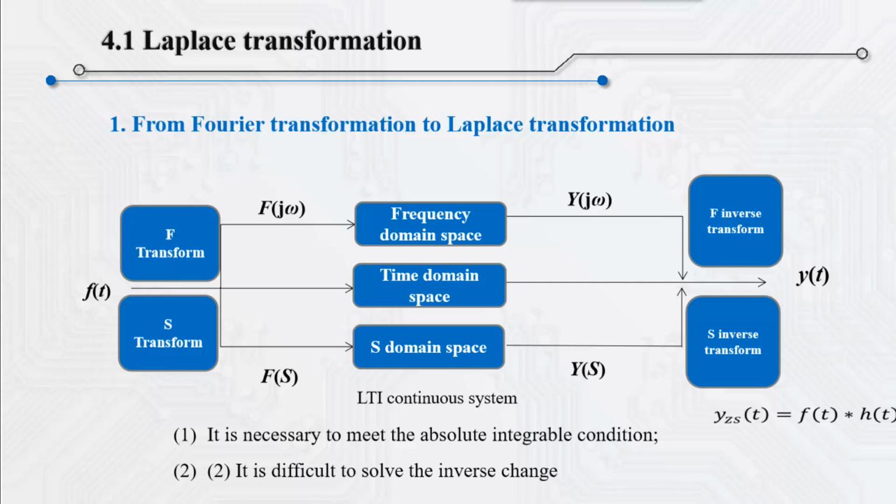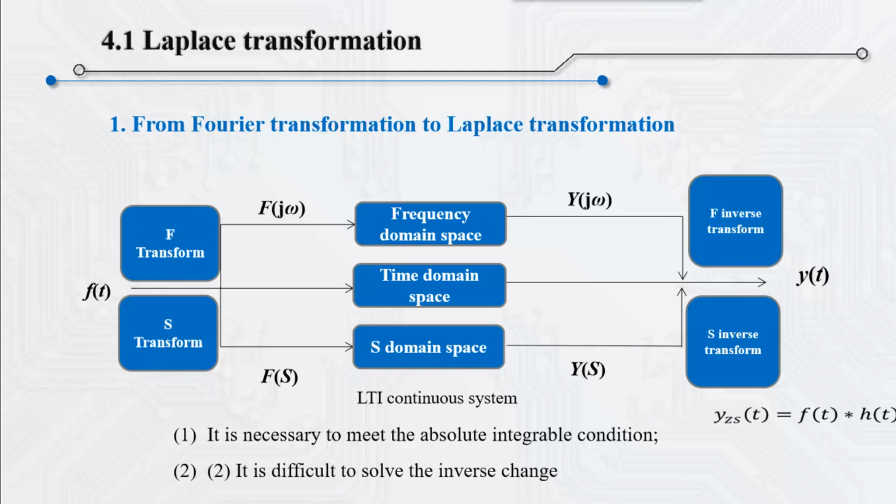Frequency domain analysis first performs a Fourier transformation and turns f(t) into F(jω). Secondly, processing signals in frequency domain space and turning F(jω) into Y(jω). Finally, performing inverse transformation and turning Y(jω) into y(t) in order to obtain system response.